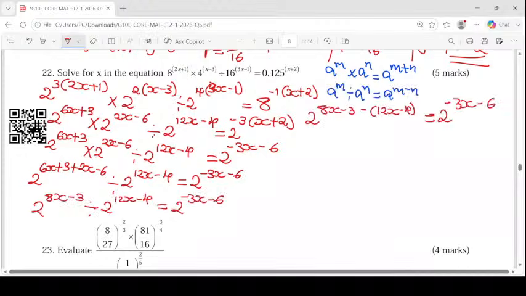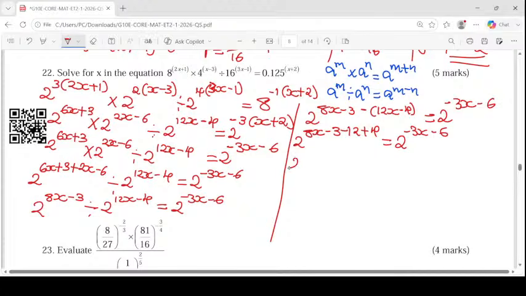So this will be now 2 to the power of 8x minus 3 minus 12 plus 4 should be equal to 2 to the power of negative 3x minus 6.